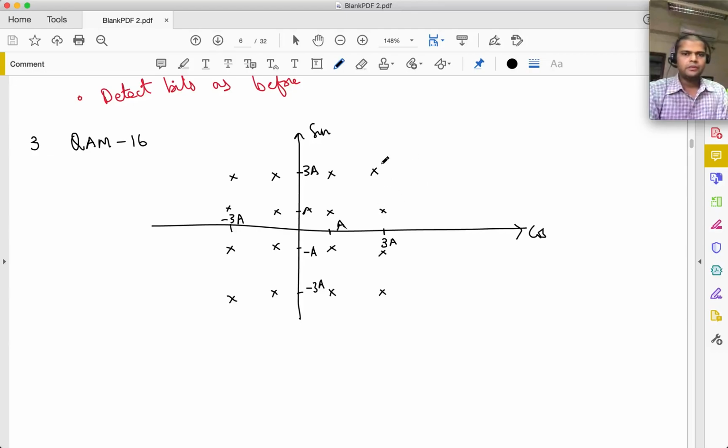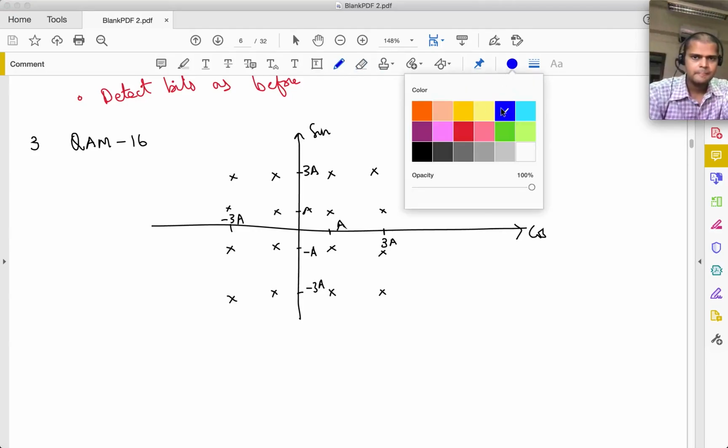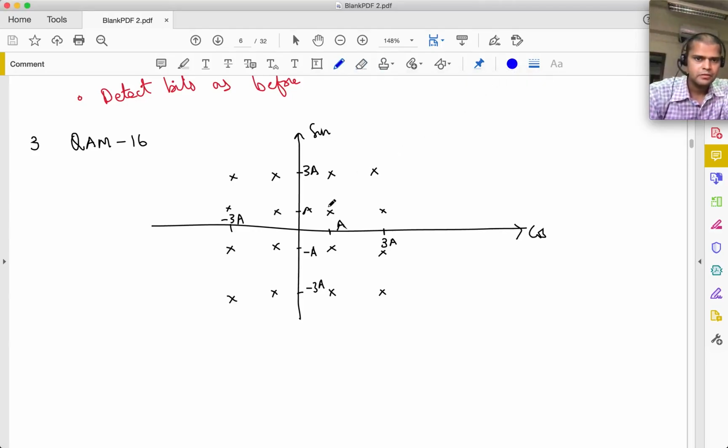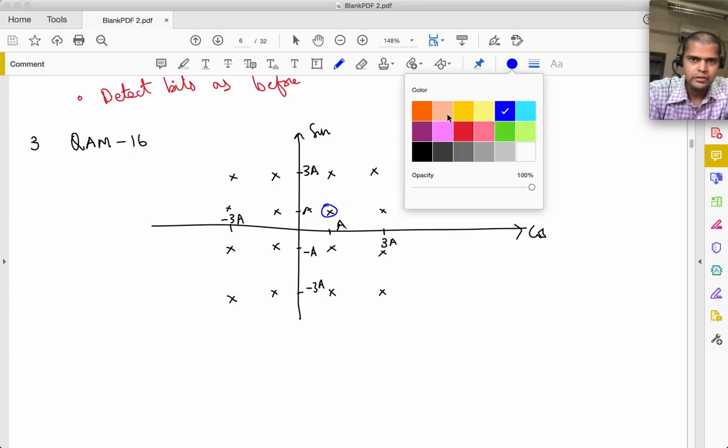And now you have to assign bits to these. That has to be done cleverly. Because let's say what would be received. Suppose I transmitted one of these signals. Let's say that I focus on this one. So suppose this was transmitted. What is the constellation received, which I am going to get?